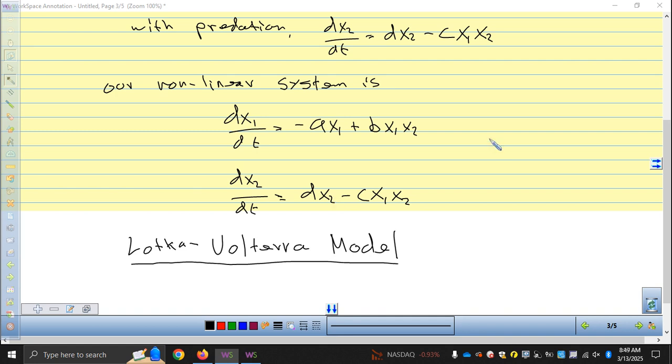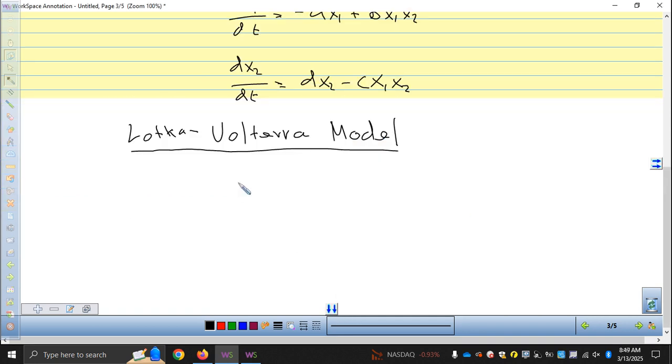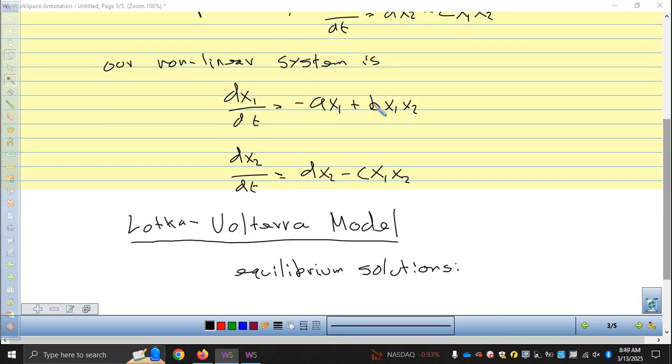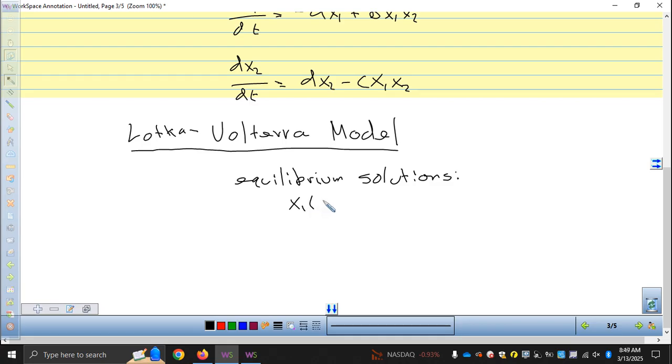So here we'd factor out an x1, here we'd factor out an x2. Our equilibrium solutions are x1(t) equals 0, x2(t) equals 0. So we have no predators or no prey. That gives us an equilibrium solution.